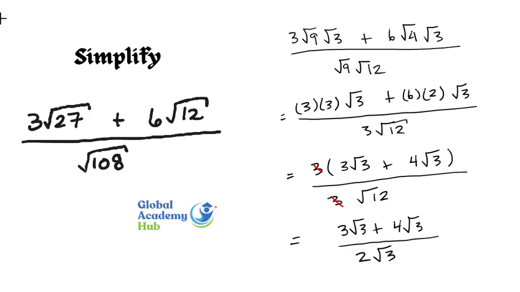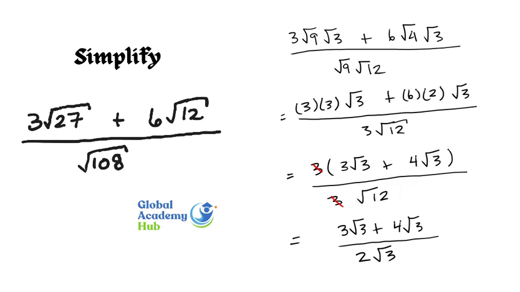Again, you want to pause the video and focus right here, the square root of 12. So the square root of 12 is the square root of 4 multiplied by the square root of 3. And the square root of 4 is 2. So I get 2 square root of 3. So that's how I got right here 2 square root of 3. All right, so let's proceed.